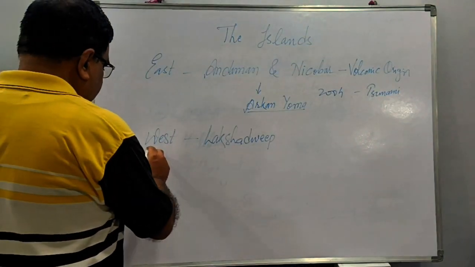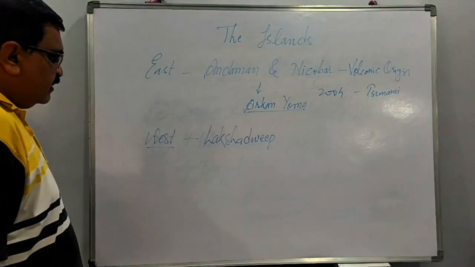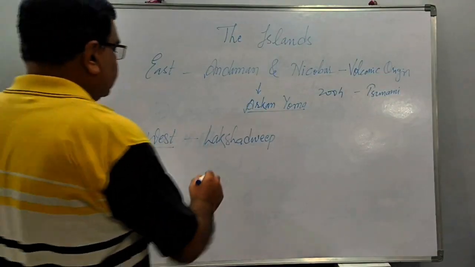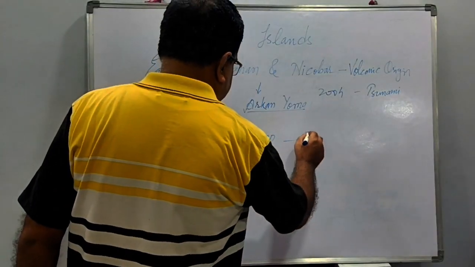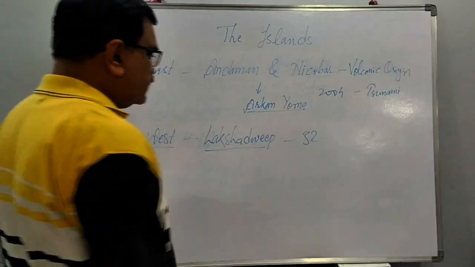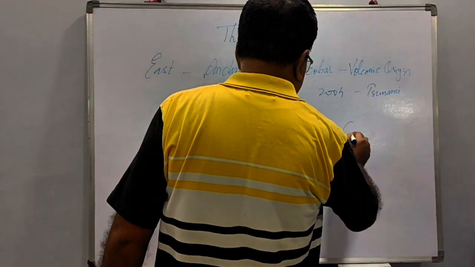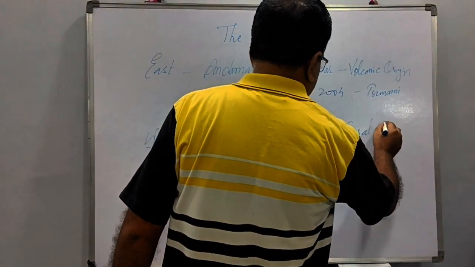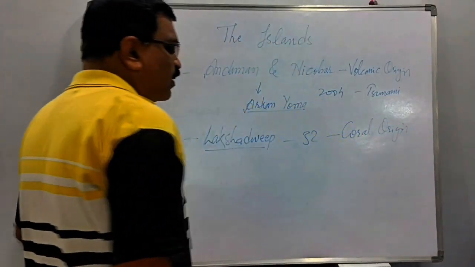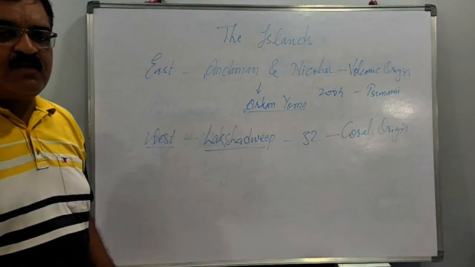In the western side, in the Arabian Sea, there is the Lakshadweep Island group. Lakshadweep consists of only 32 square kilometers, and these islands are formed by coral origin. What do you mean by coral?